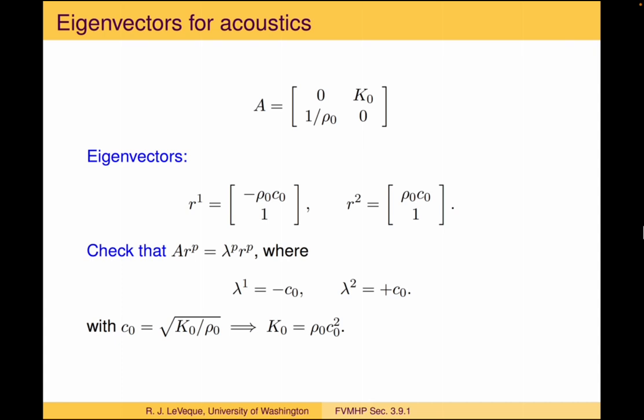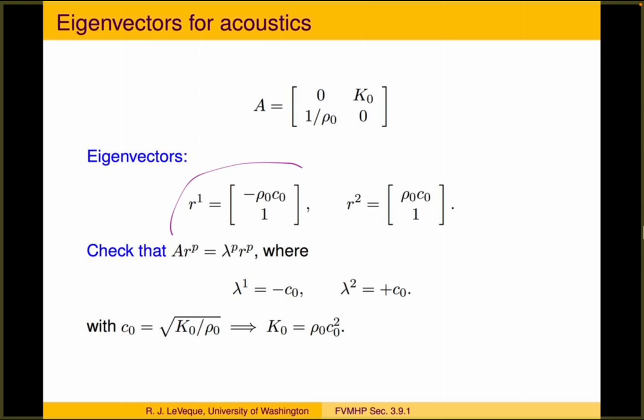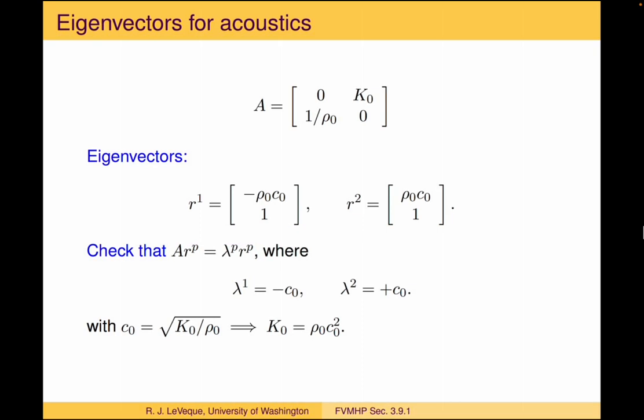But now we also see the eigenvectors r1 and r2, and these are two constant vectors. Again, they depend on what state we're linearizing about, but for a given rho 0 and the corresponding c0, the two eigenvectors are (minus rho 0 c0, 1) and (plus rho 0 c0, 1). This product rho 0 times c0 is what we call the impedance, and again that depends on what state we're linearizing about.